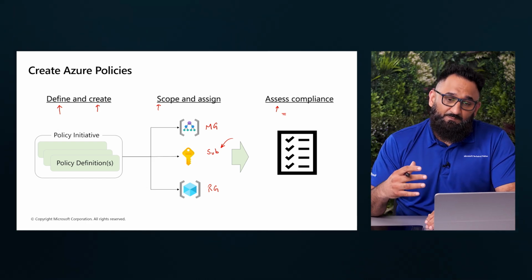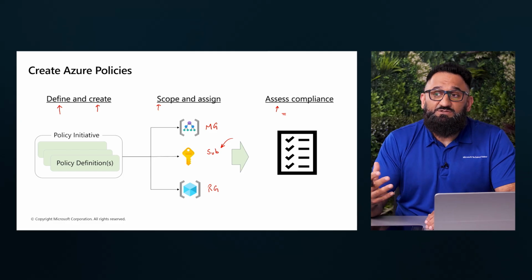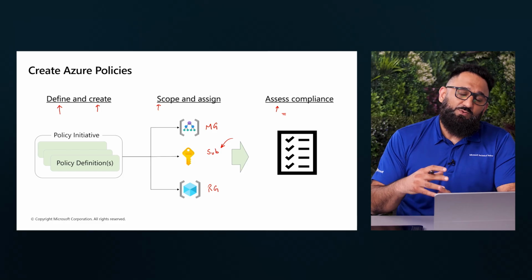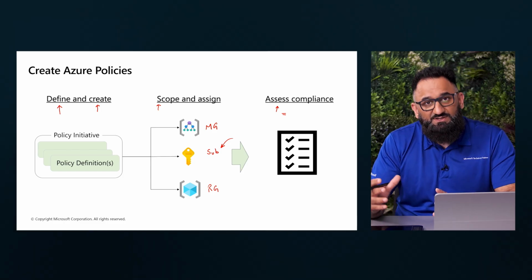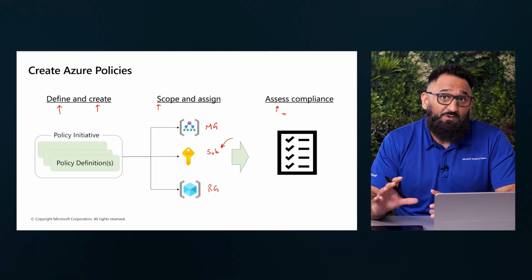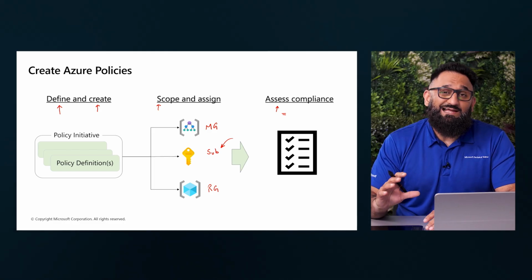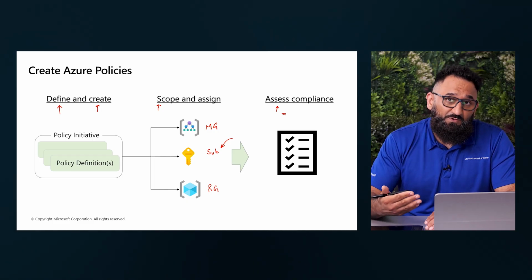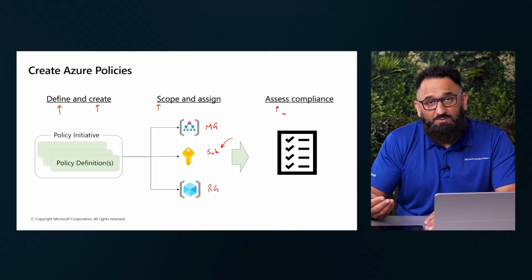Now, after the policy comes into effect, which typically takes 5 to 15 minutes, no one would be able to create a new resource outside of the scope or the definition of the policy. However, any existing resources might report back into the compliance report as compliant or non-compliant.